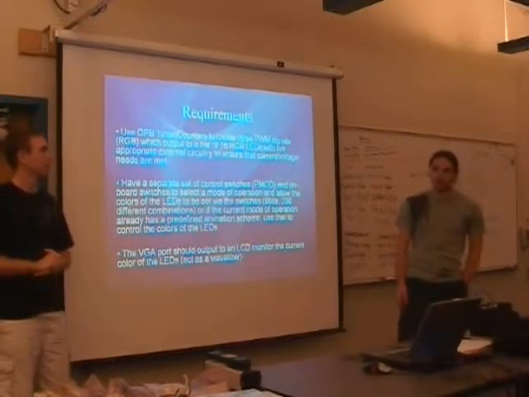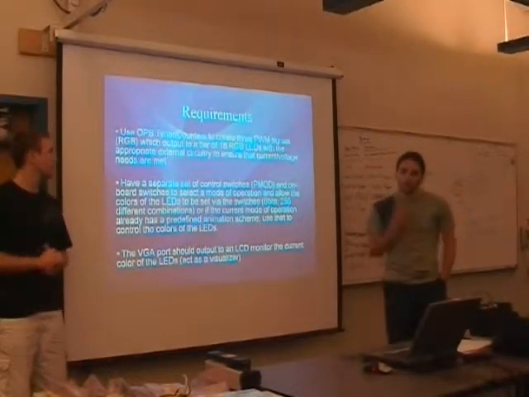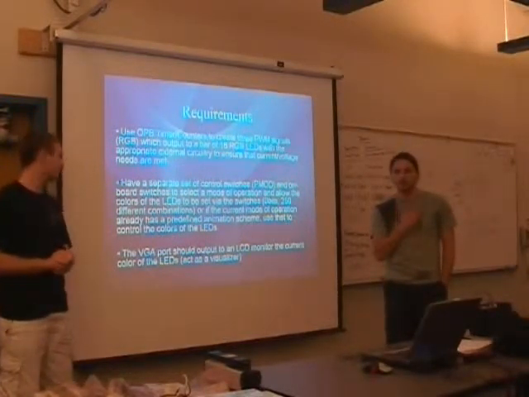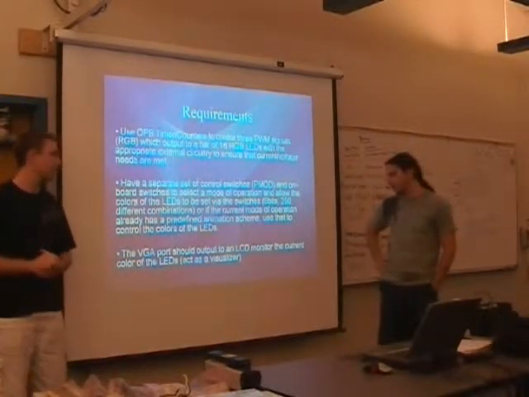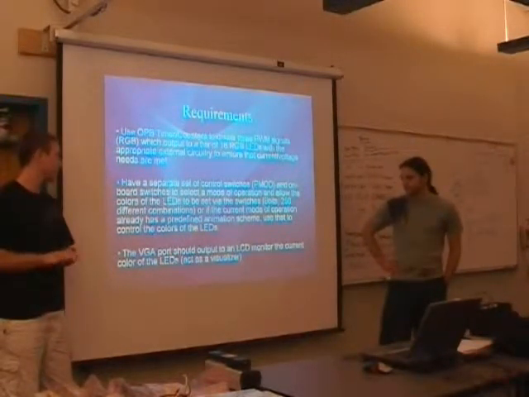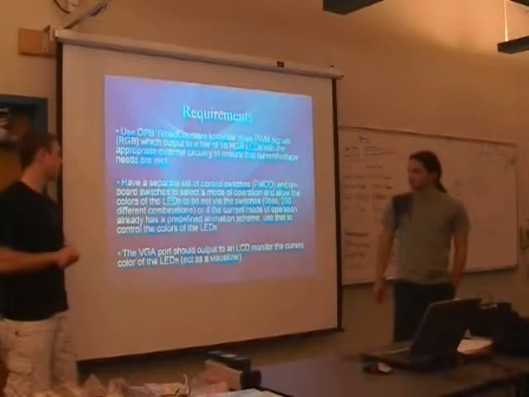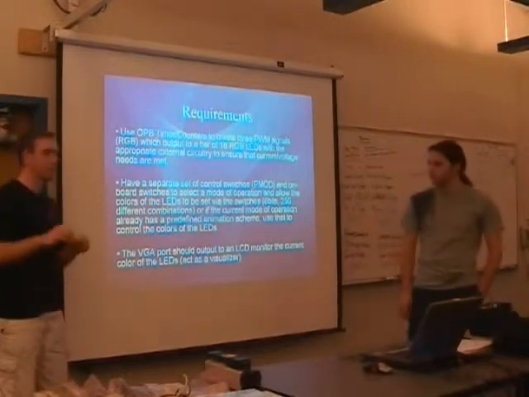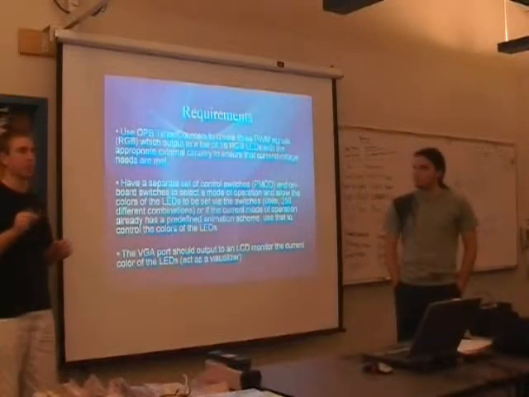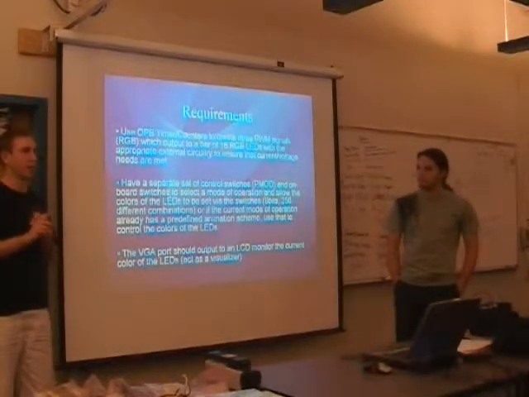We also wanted to output the color to a computer screen using a VGA connector, and that's the basic requirements of it. We also use a bunch of control switches. We have another set of 4 switches which let you manually set the color, either red, green, or blue.